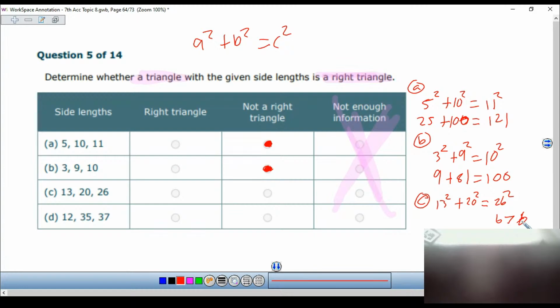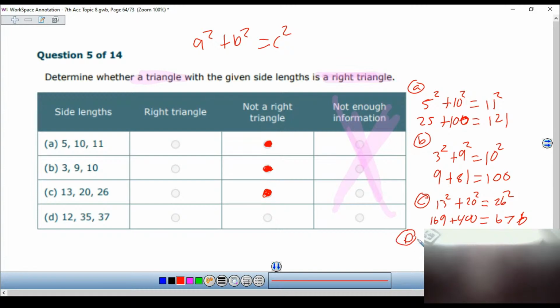Whoa. And so I know 13 squared is 169. I know that 20 squared is 400. So again, I can kind of just look at this without even adding it, and I can know that's going to be 500 something. That is not a right triangle. Oh, I think it was 3 that were not. That's kind of crazy.